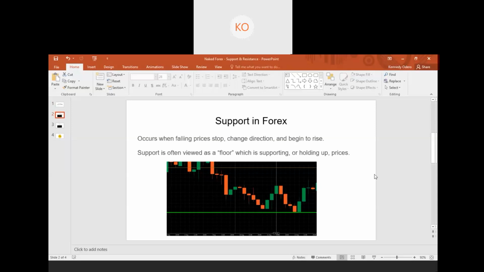Support in Forex occurs when falling prices stop, change direction, and begin to rise.